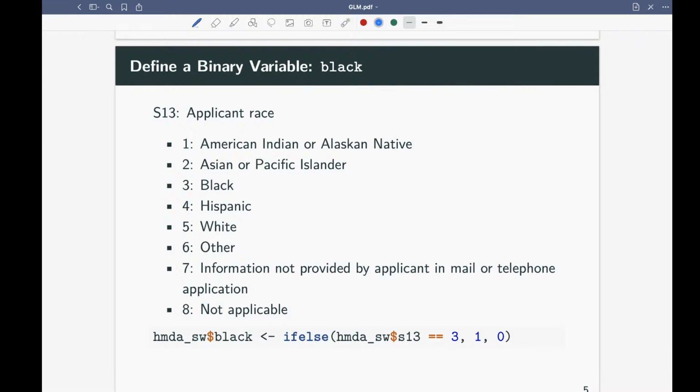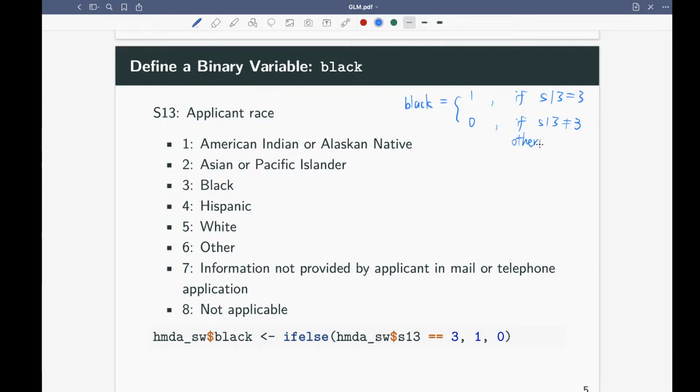So black is equal to 1 if S13 equal to 3, otherwise black is equal to 0 if S13 is not equal to 3, or otherwise.